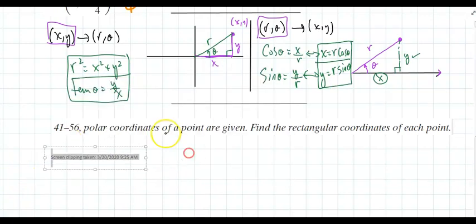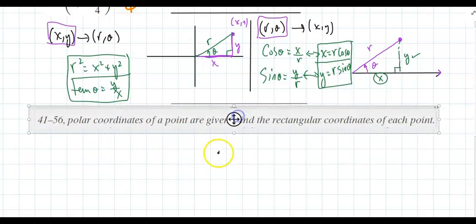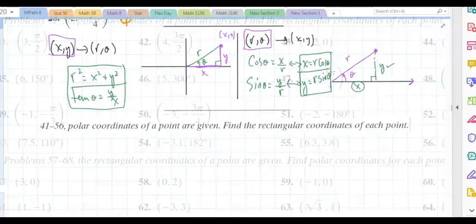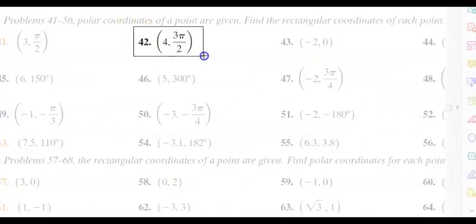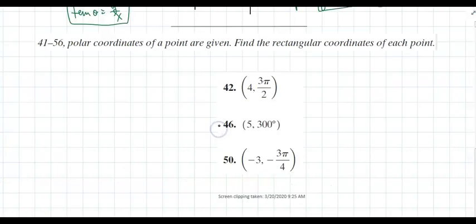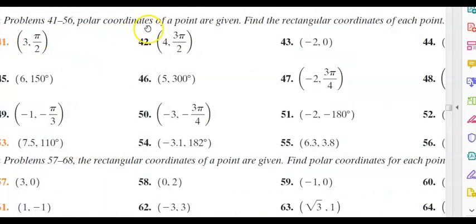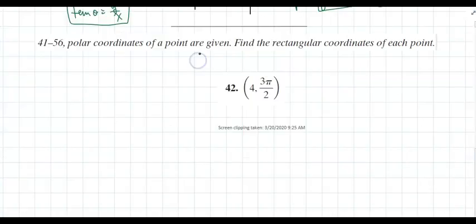We're going to take a point in polar coordinates and convert that to rectangular coordinates. And we want to do a few of those. Actually, let's go for it. I don't think we're going to have that much time, but let's see how this works.